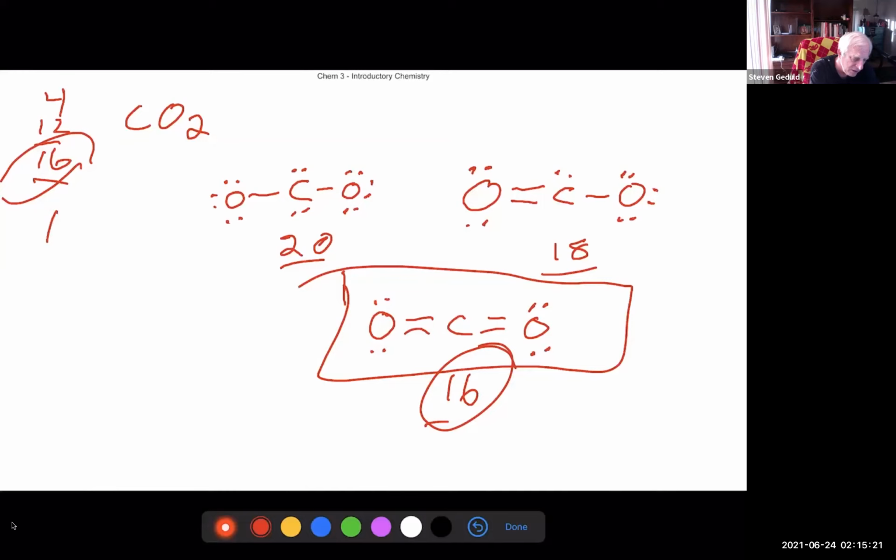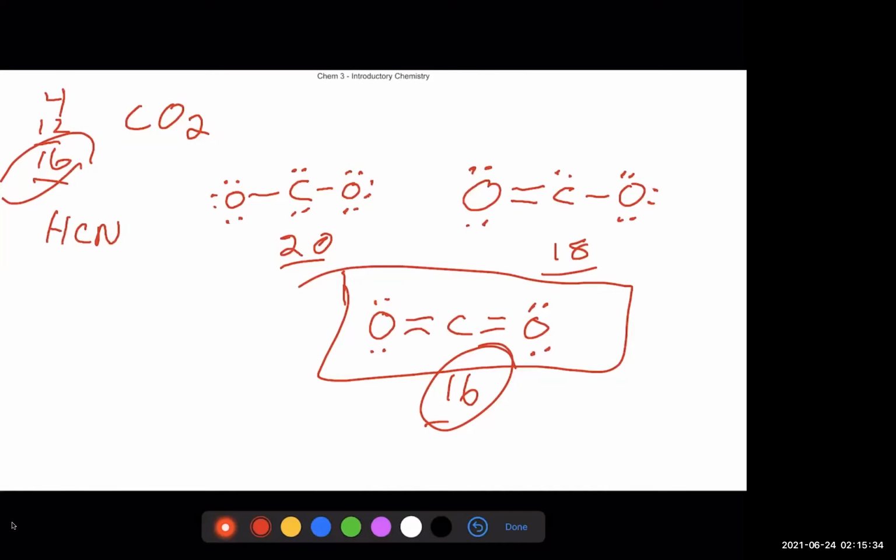So hydrogen cyanide. Okay. Hydrogen is how many valence electrons? Look at the periodic table. 1. Carbon has how many? 4. Nitrogen is how many? 5.